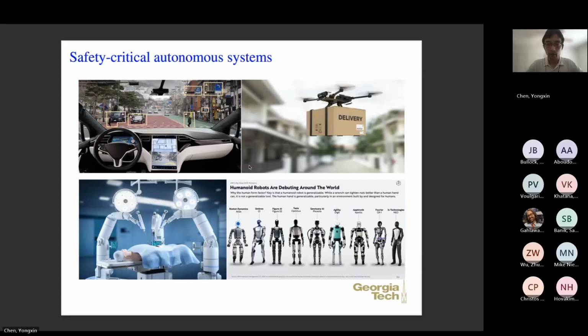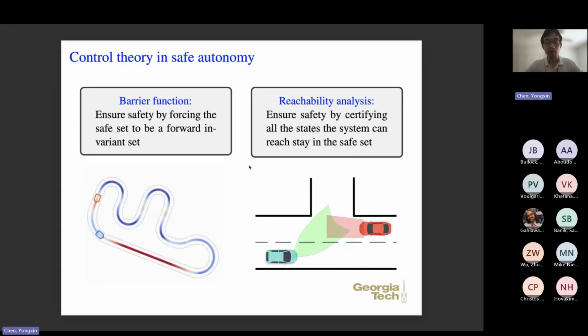In the control community, we have developed a few methods. Two very popular ones are barrier functions and reachability analysis. The barrier function works in this way. When you do safety assurance, you have a set which you know is safe. For instance, when you drive, you have to drive on the right lane.